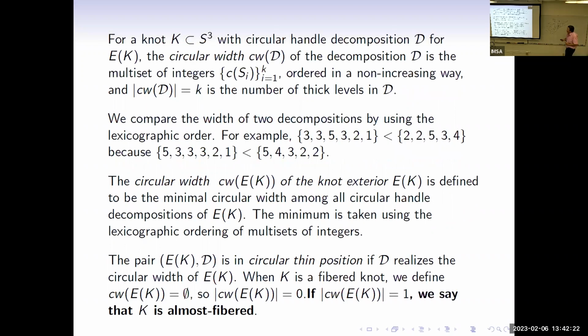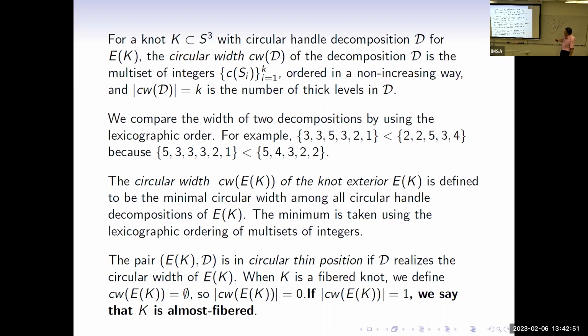Then, if we have a knot with a circular Heegaard decomposition, the circular width is this multi-set of integers where we take the complexity of all the thick surfaces and we order them in a non-increasing way. And then we compare lexicographically.